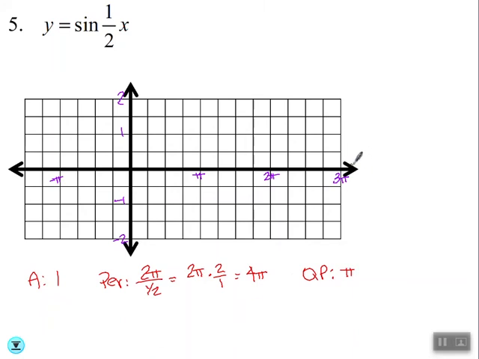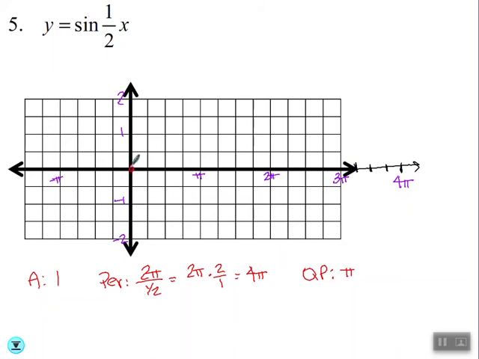So I need to extend my graph. Since we have a sine curve, we're going to go 0, high, 0, low, 0. My quarter period is pi, which means that I'm only going to put a point at every multiple of pi.